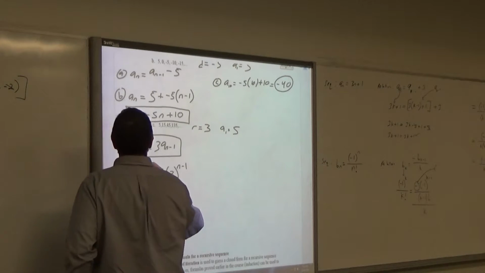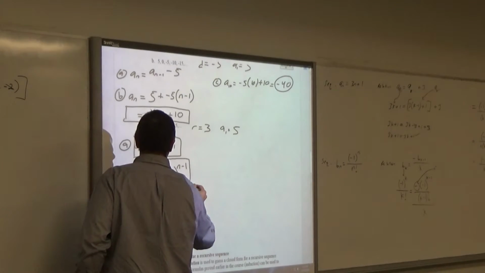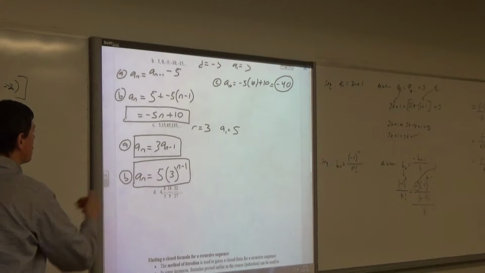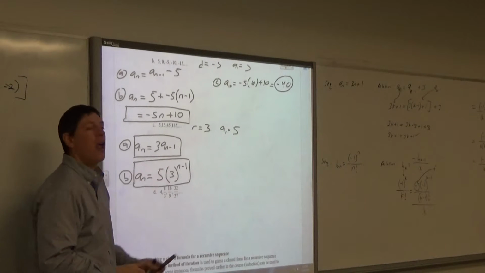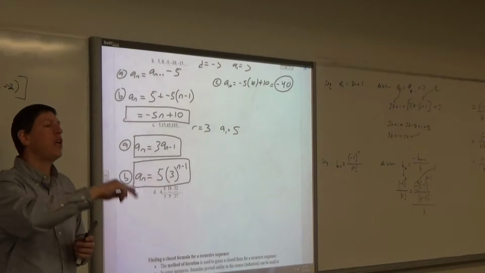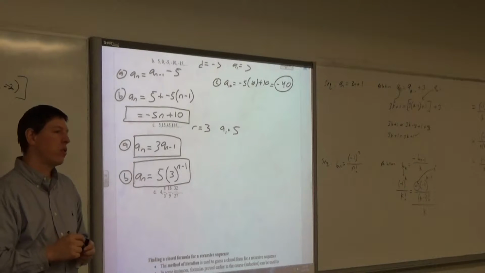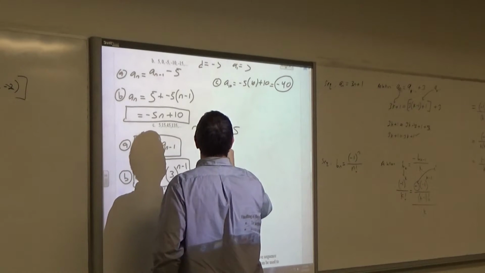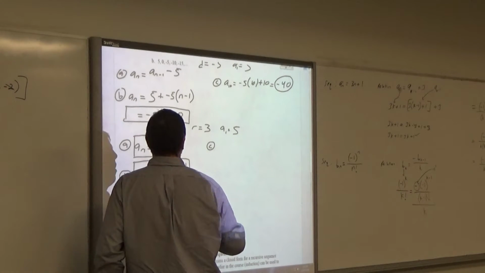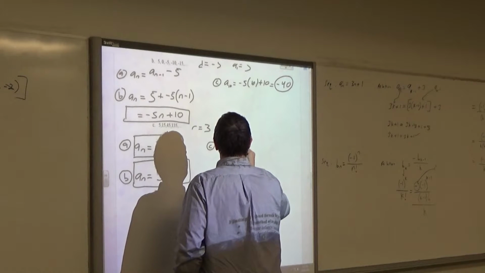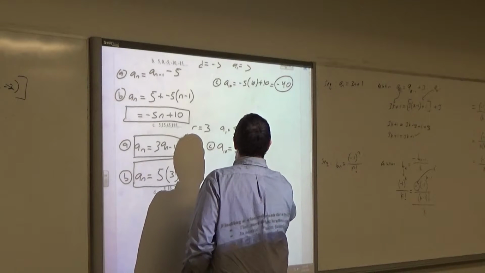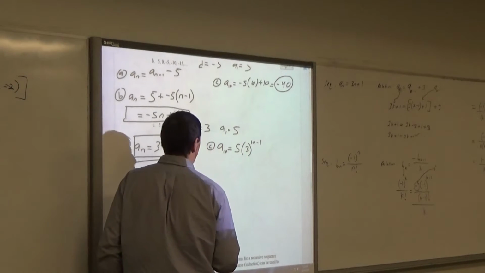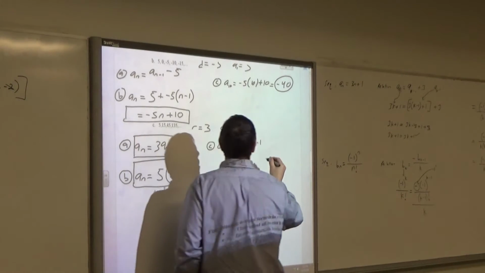Now, of course, what we'd like to do is verify that if I substitute 10 back in, I get the same thing both recursively and explicitly. So this one we definitely want a calculator for, unless we know 3 to the 9th power times 5 off the top of our head. So a sub 10 is going to be 5 times 3 to the 10 minus 1, or in other words, 5 times 3 to the 9th.